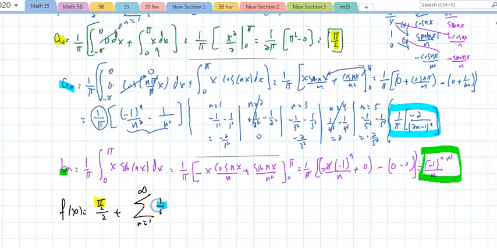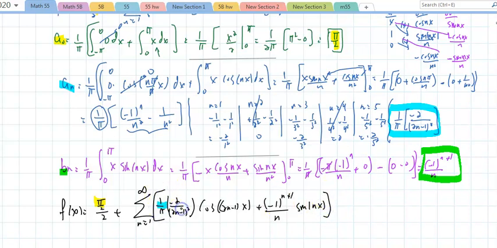That is really 1 over pi times negative 2 over 2n minus 1 squared times the cosine of 2n minus 1 x plus a negative 1 to the n plus 1 over n times the sine of nx. And that would be my final answer.